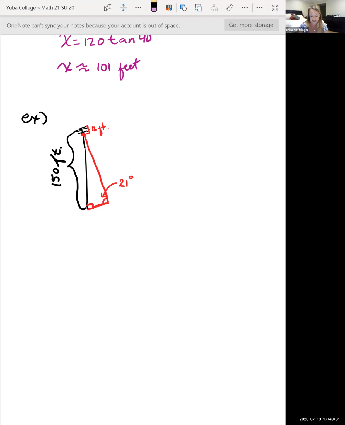Okay, so basically, if we have 12 feet from the top, and the whole antenna is 150 feet, then for our triangle, this is going to be 150 minus 12. So we're going to have 138 feet.